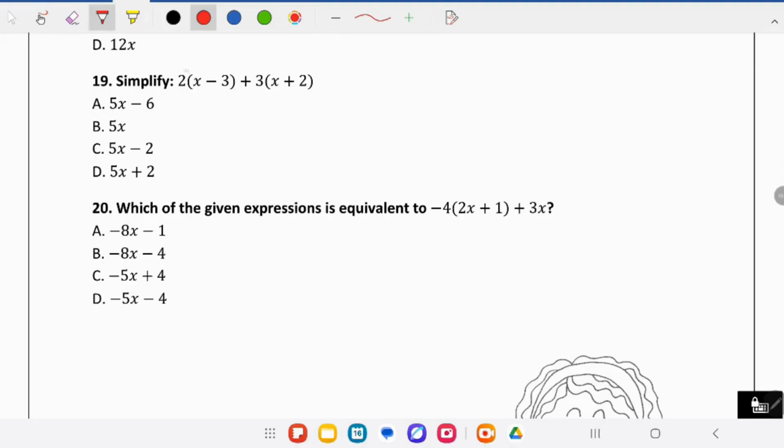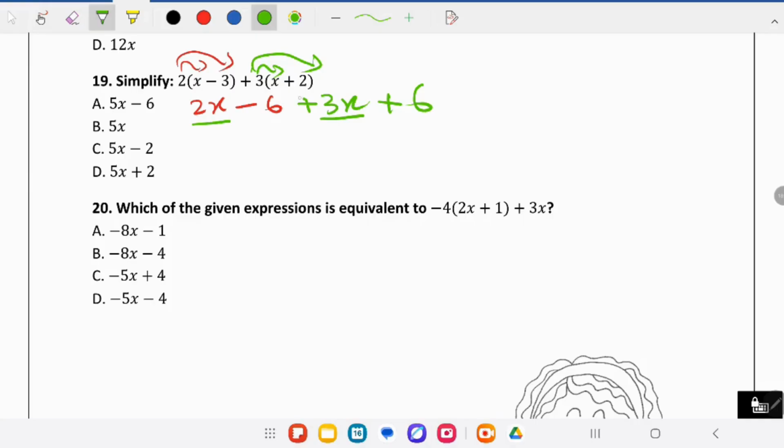Next, I have 2x minus 3. I'm going to distribute 2x minus 2 times 3 is negative 6. And this one is 3x plus 3x. 3 times 2 is plus 6. So these are my like terms, 2x plus 3x.